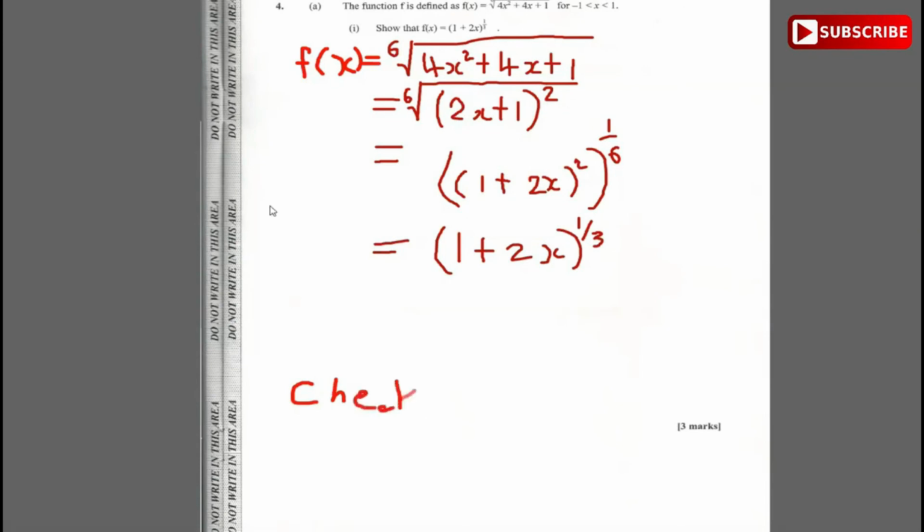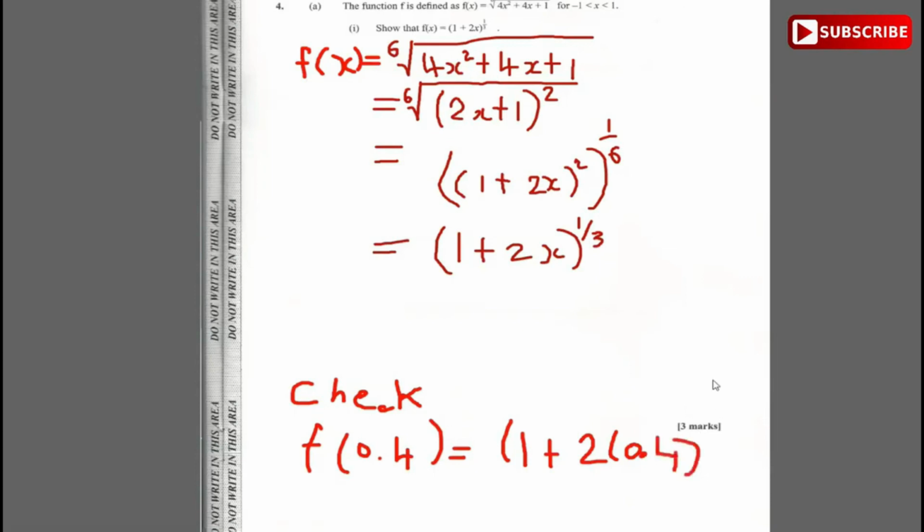It's good to do a check. f of 0.4 is going to be 1 plus 2 times 0.4, and all of this is raised to the 1/3.